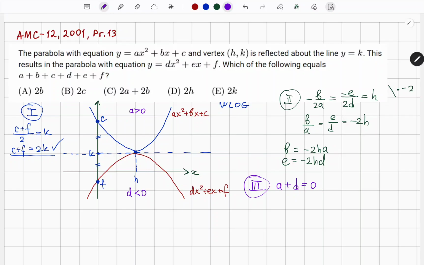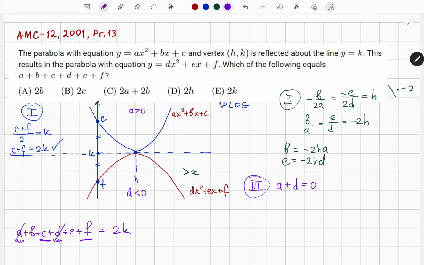Now combine these three facts that came from the comparison of the two parabolas, and then I'm able to find a plus b plus c plus d plus e plus f. So what is c plus f? It's 2k. Okay, a plus d is 0, so they cancel out.